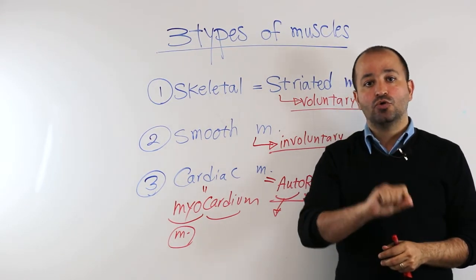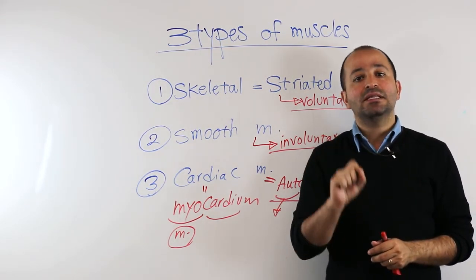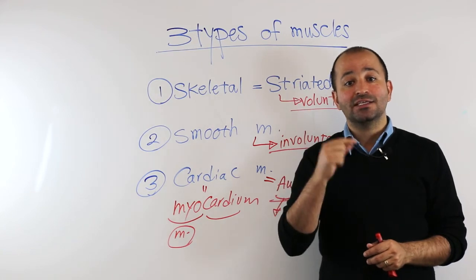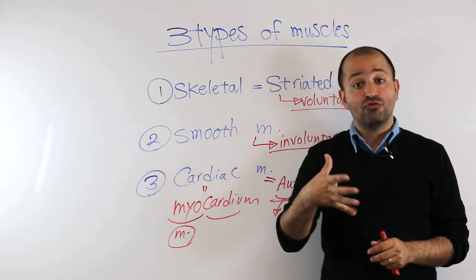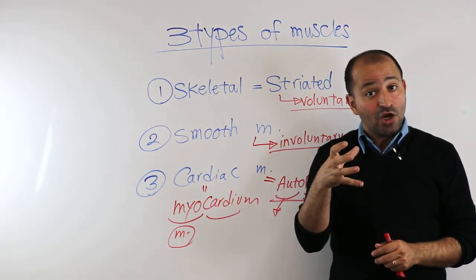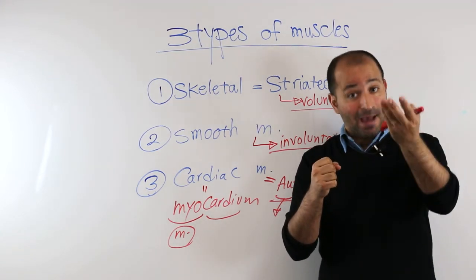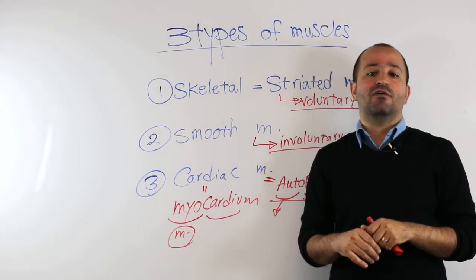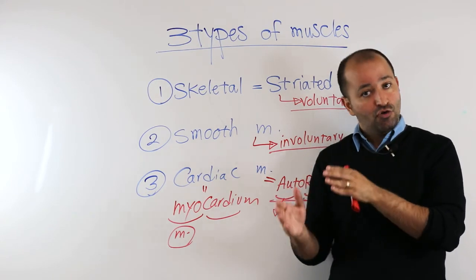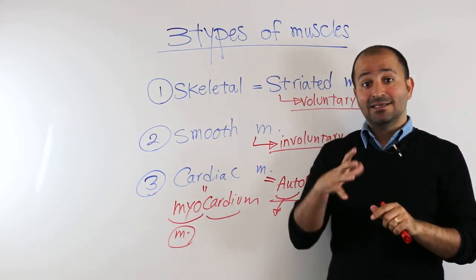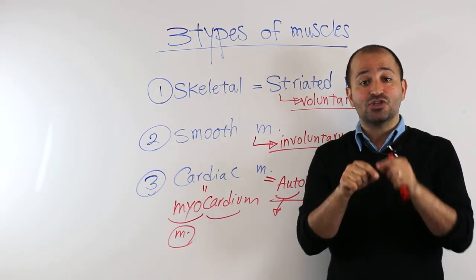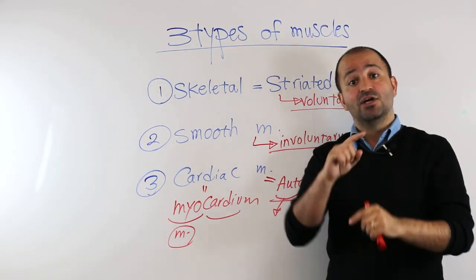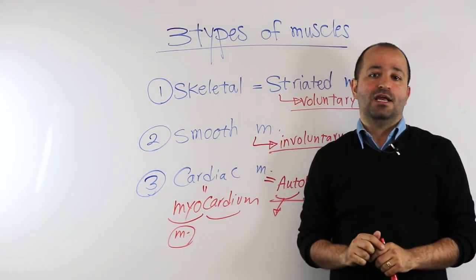That is called autorhythmicity. The only thing the brain can do to the heart is to increase the number of contractions if you have more demand, or to decrease the number of contractions if you are resting. Other than that, the contraction itself is coming from the heart itself, not from the brain.